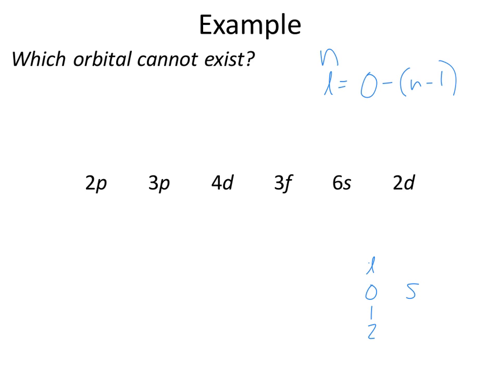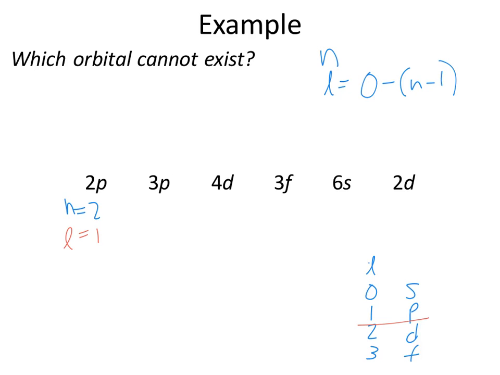So this would be S, this would be P, this would be D, and if we had 3, that would be F. For this first one, we can characterize this as n equal to 2, because that's your principal quantum number, your energy level. And our L value, because this is a p orbital, is going to be equal to 1. Now, does that work?